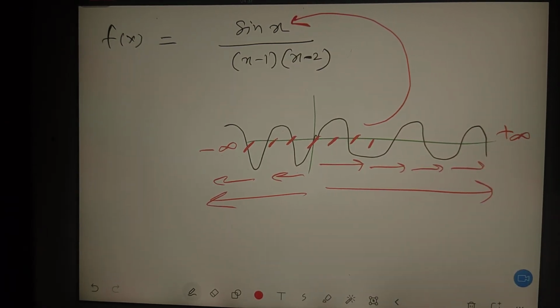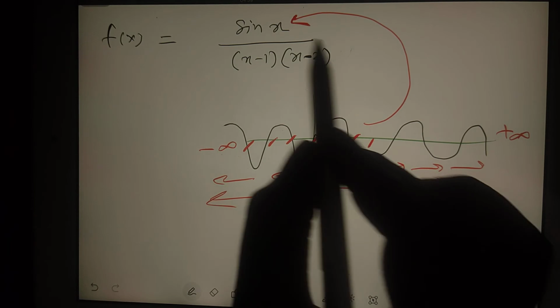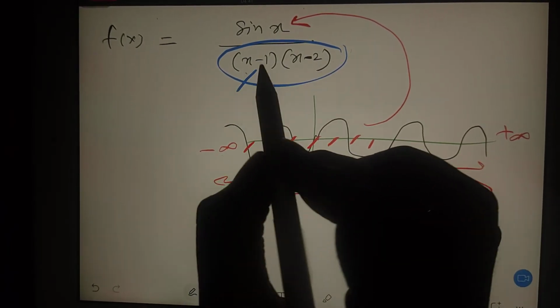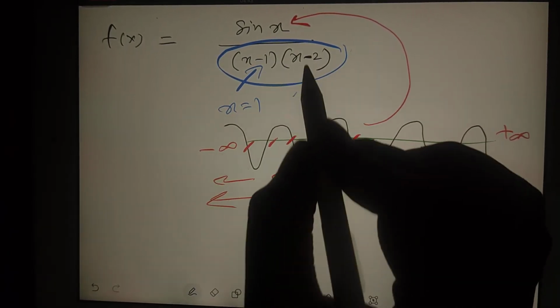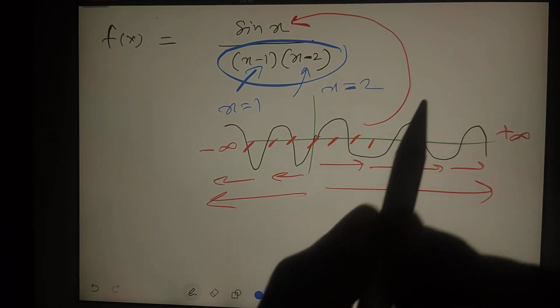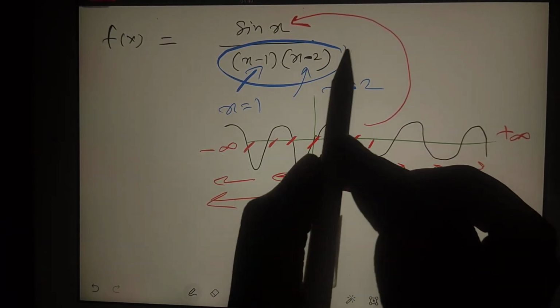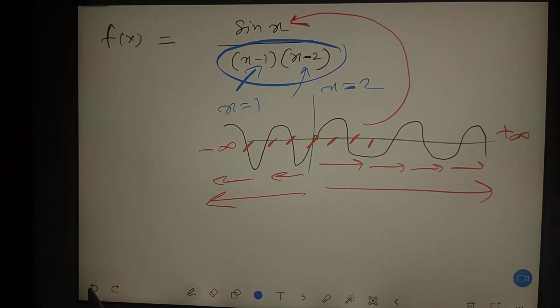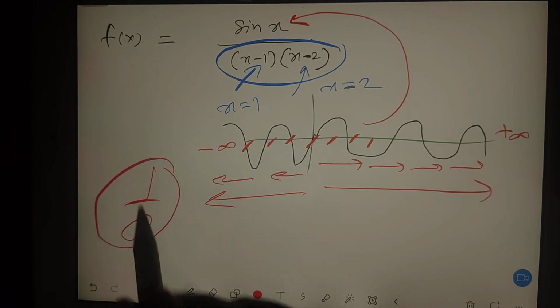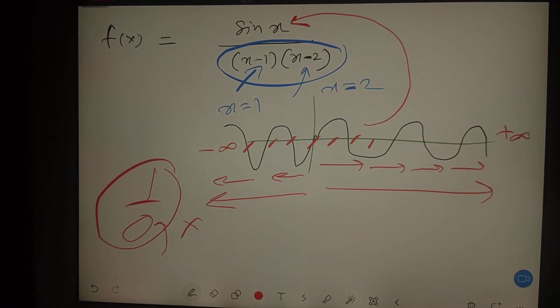But we have a problem with the denominator. I cannot substitute x is equal to 1 and I cannot substitute x is equal to 2, because if I do, then this total answer will come as 0, and in the denominator 0 is not allowed.